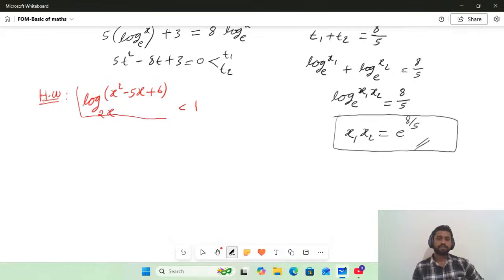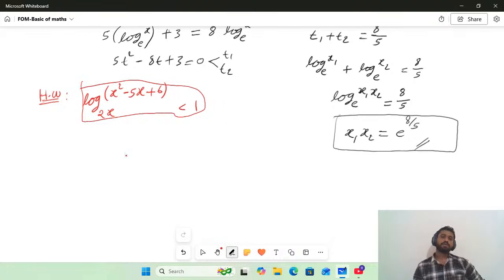Logarithmic inequality with variable base.